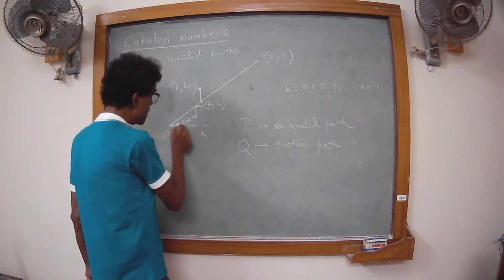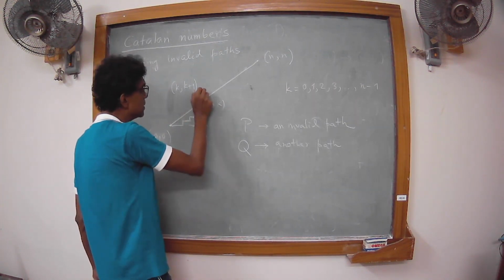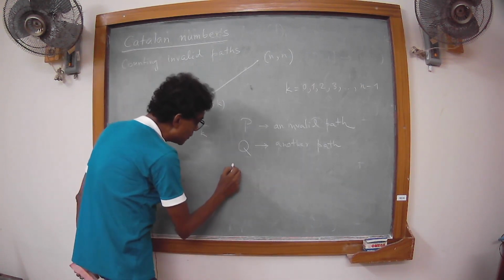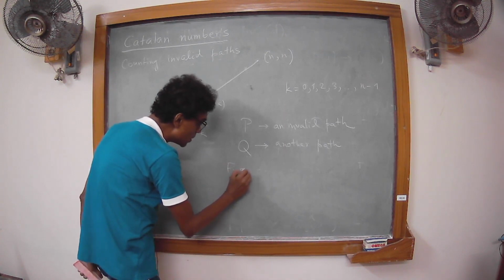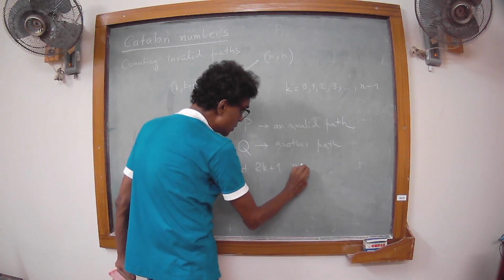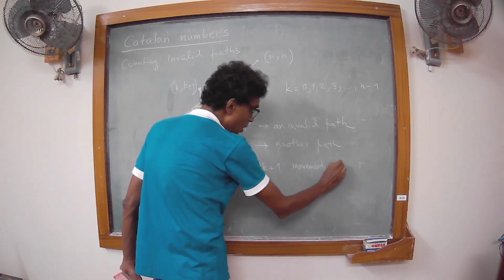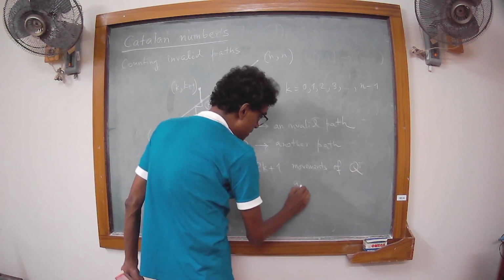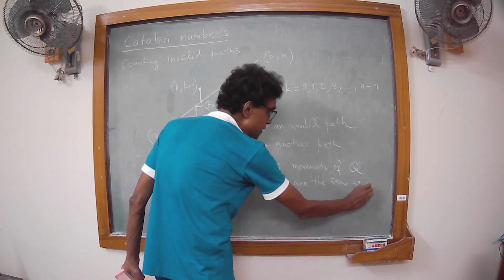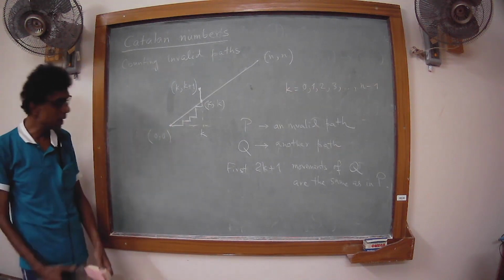So how many movements are here? 2K: K left, K right. Then you have another movement. So the first 2K plus 1 moves or movements of Q are the same as in P. Okay.